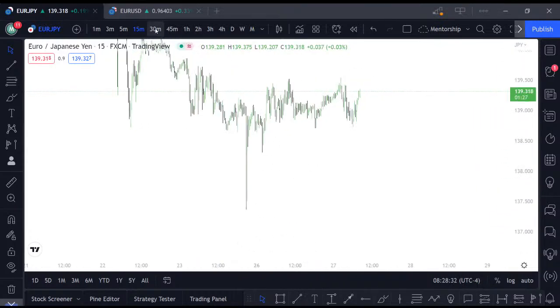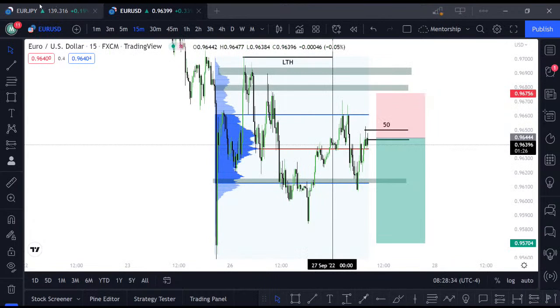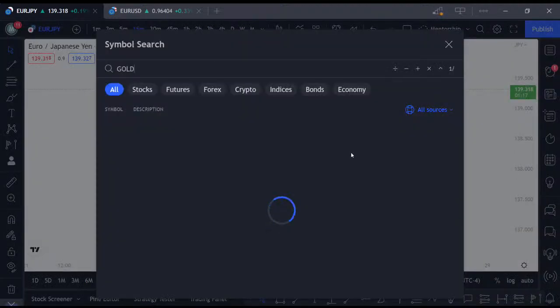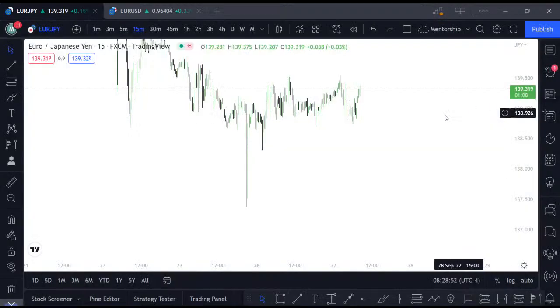Let's look at gold. Let's do some analysis on gold as well. Remember, if you're not using footprints, there are two softwares you can actually use for footprints.